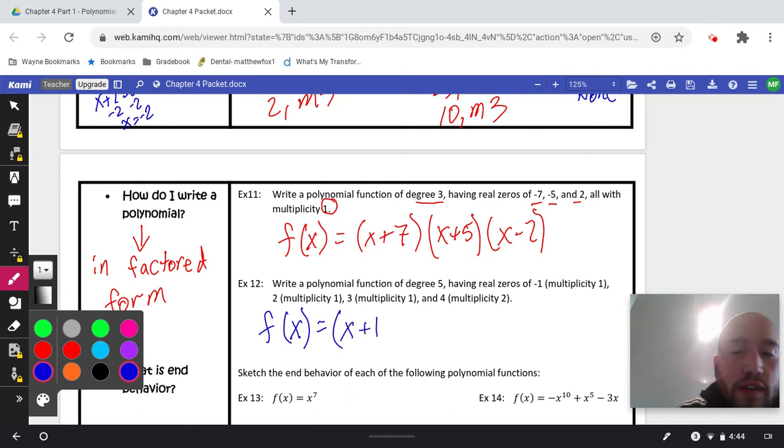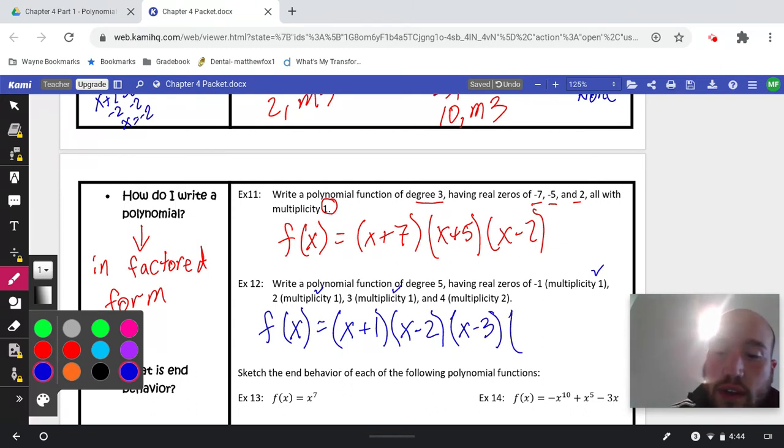So we do the opposite, x plus 1, and this has a multiplicity of 1, so check that off. Okay, then it has also 2, so we got to do the opposite, x minus 2, with a multiplicity of 1, so check that off. Then it has 3, and that also has a multiplicity of 1, so check that off.